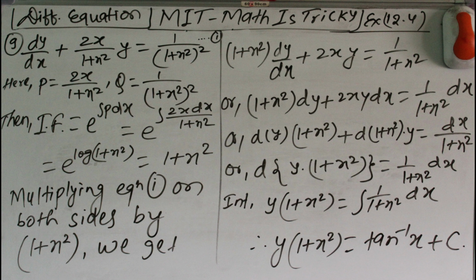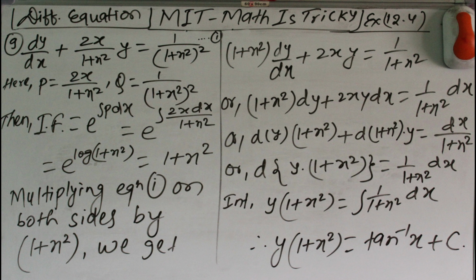So let's find the integrating factor, e power integration p dx, which is e power integration 2x by 1 plus x squared dx, and simply it is log 1 plus x squared, which is 1 plus x squared.